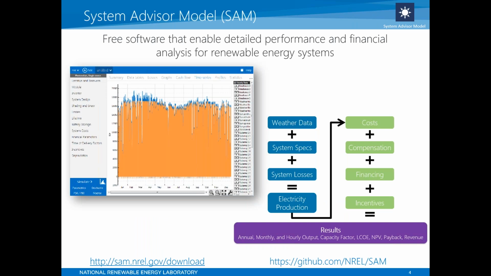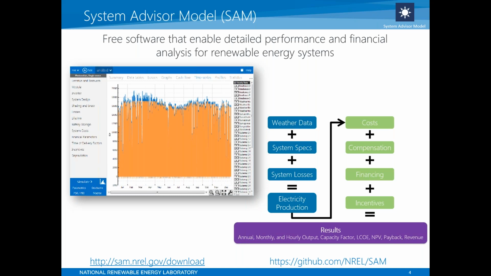For those of you that aren't familiar, the System Advisor Model, more commonly referred to as SAM, is free software that enables detailed performance and financial analysis for renewable energy systems. This is done first by defining weather data, such as solar resource data for PV systems. For a PV plus battery combined system, you can define your system specifications, such as your PV system size and your battery specifications, and any system losses you would expect.